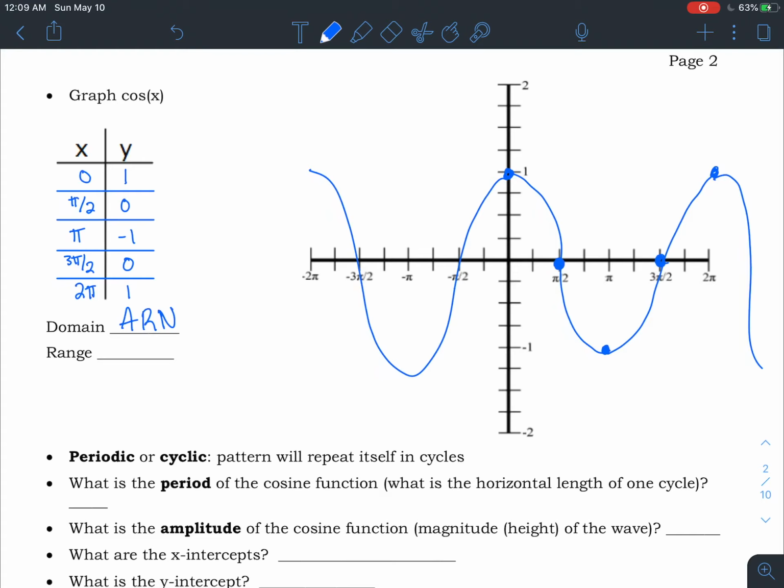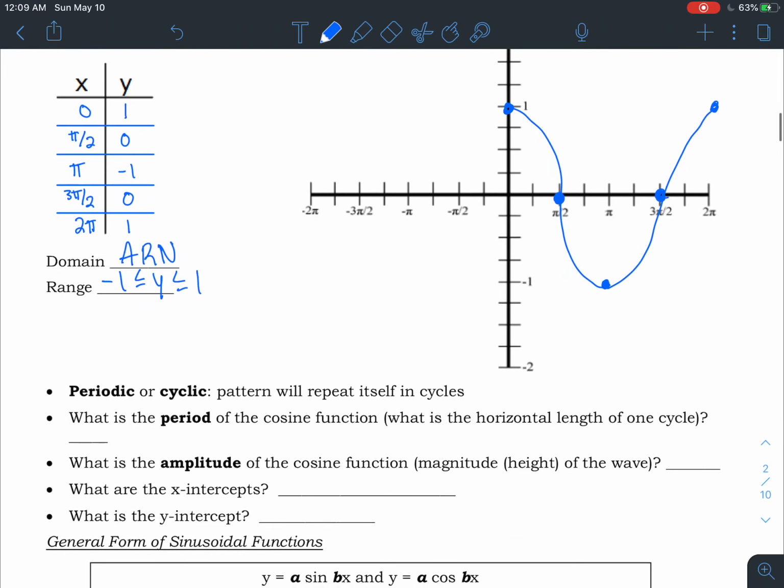So now I'm focusing on it being shifted over by a half unit. So my range is still the same. I still bottom out at -1 and top out at +1. So -1 less than or equal to y, less than or equal to 1.